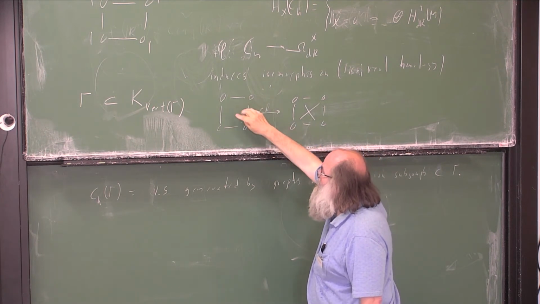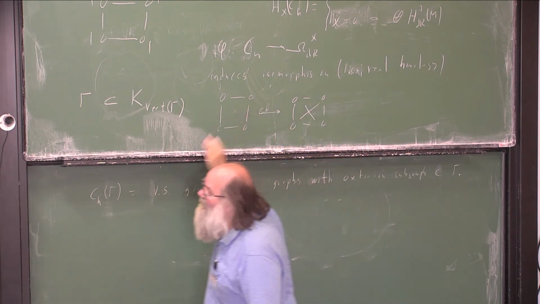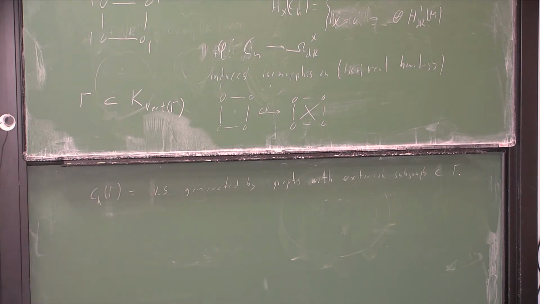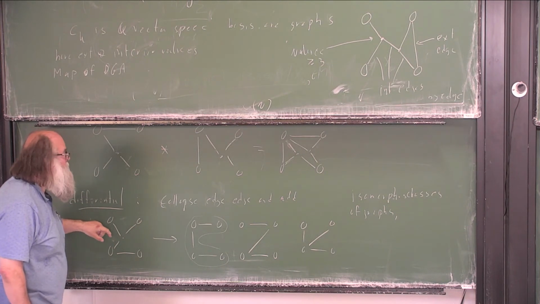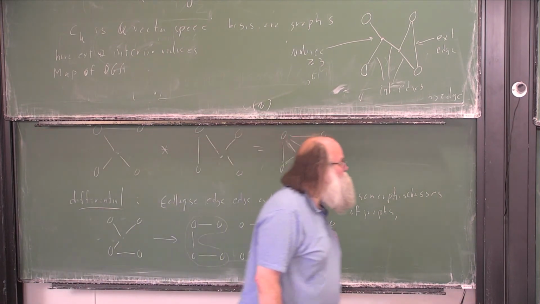So now you're looking at a sub-vector space of CK, and it's generated by those graphs which don't have any edges which are not edges of gamma.